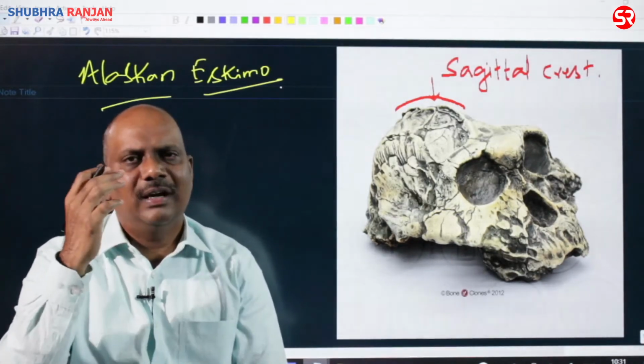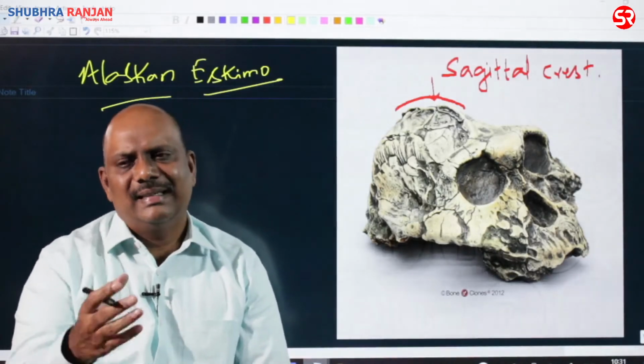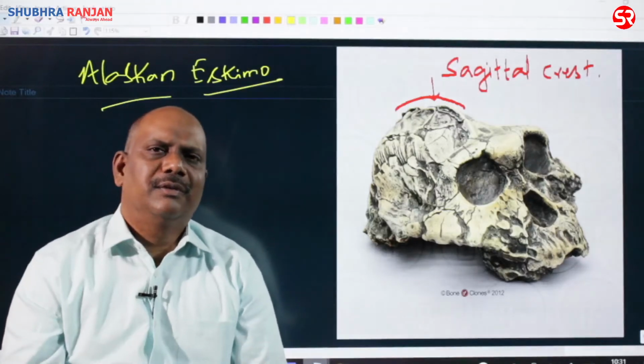If you look at the skull, you can see a small bulge. So what is this sagittal crest and what purpose did it serve?